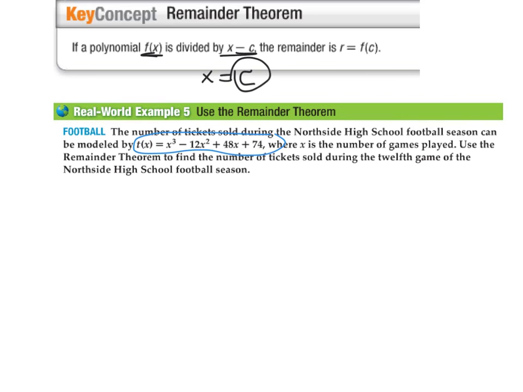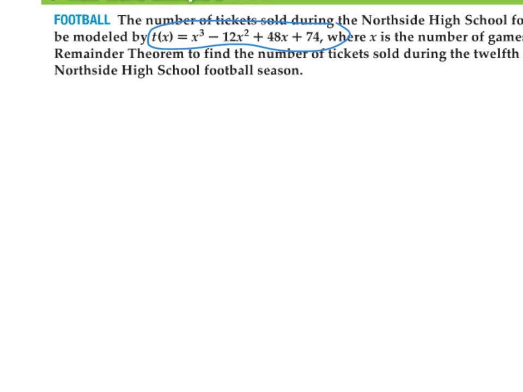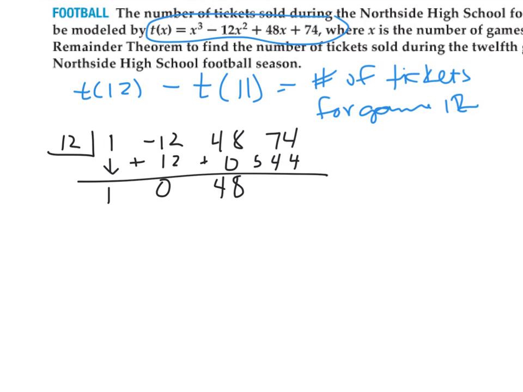Well, if I use the 12th game, if I put 12 into the function, that's going to give me how many tickets were sold from game 1 all the way up to game 12. So I'll back that up a little bit. It's not 548.